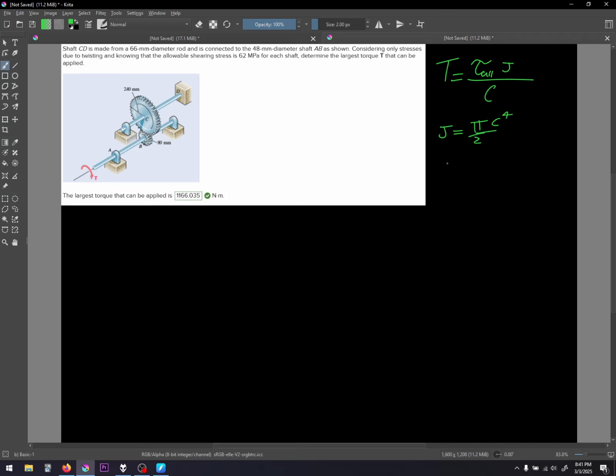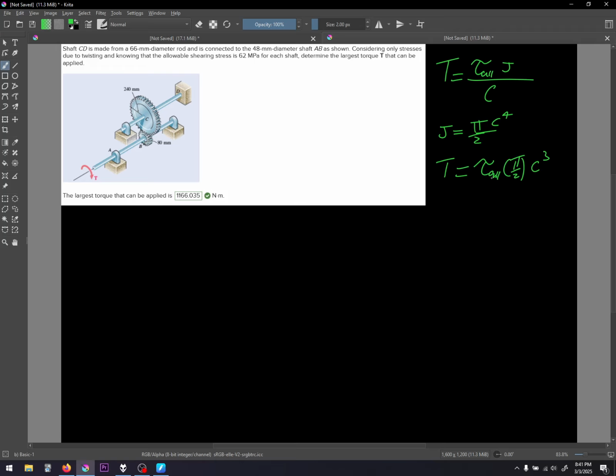So T is going to be equal to the allowable stress times pi over 2 times C to the 3rd.